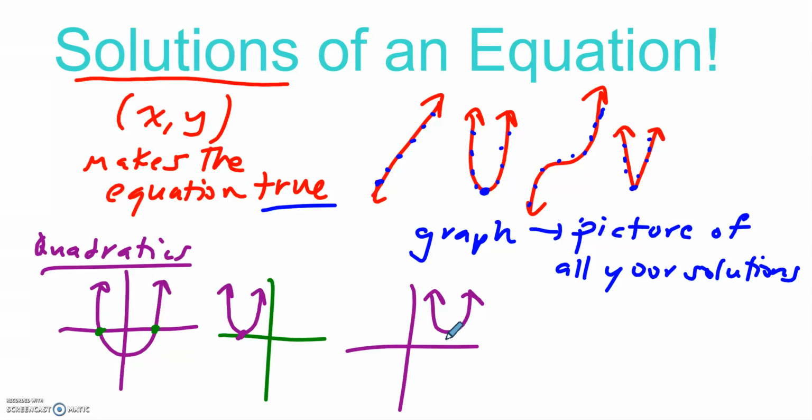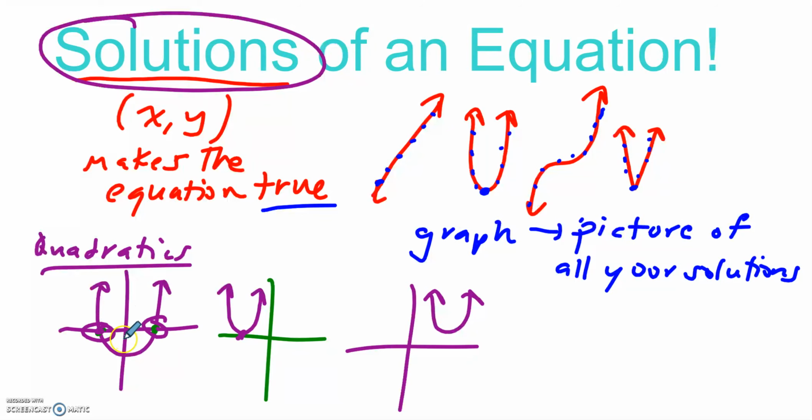Solutions could mean two things. In the grander scheme of things, a solution means any point that makes the equation true, but in terms of quadratics, it means where it touches the x-axis or how many times. They're used interchangeably, and these here go with both definitions. They're both touching the x-axis and make the equation true.